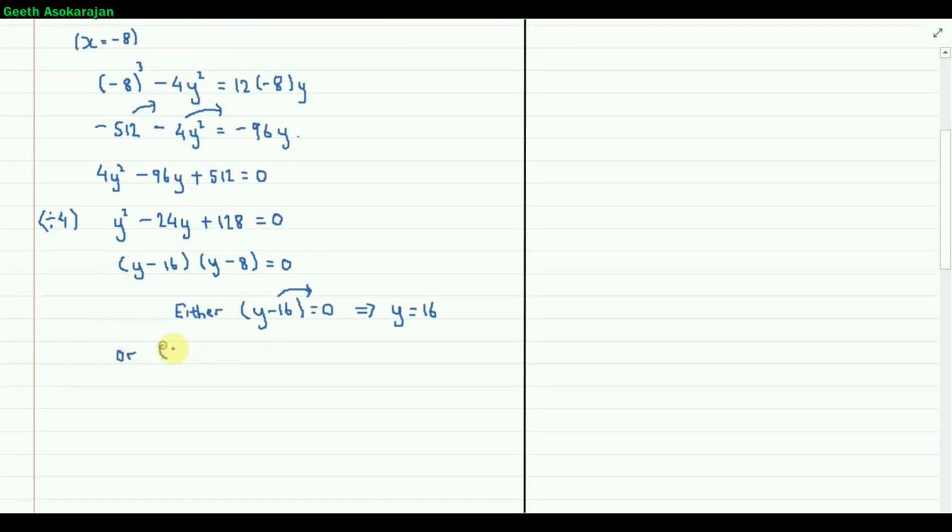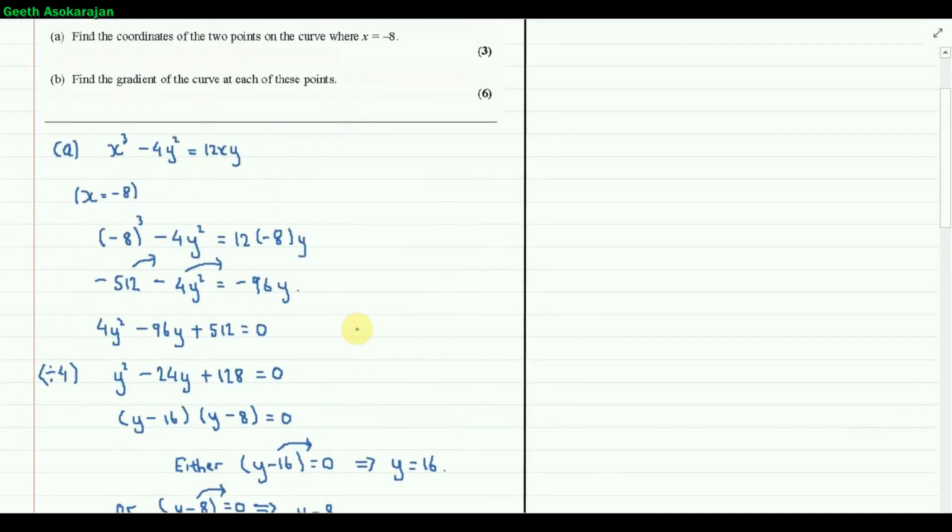Or the second term, y minus 8, is equal to 0, so if I move the minus 8 to the right, y is equal to plus 8. So these are the corresponding y values.